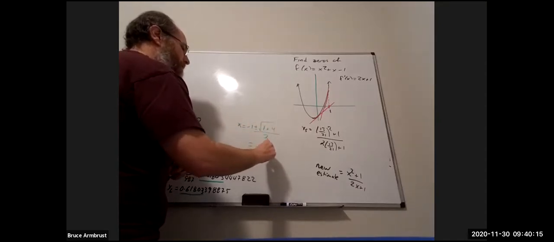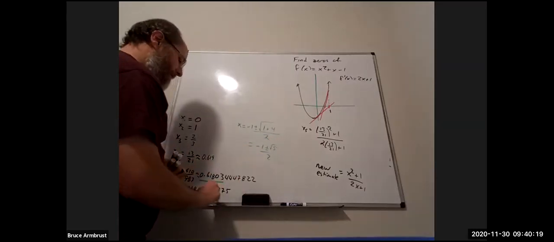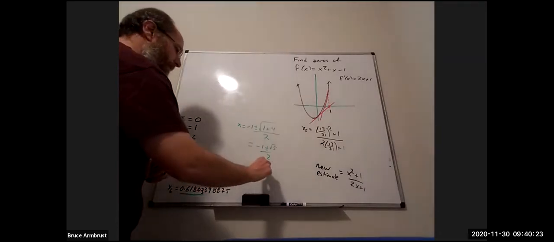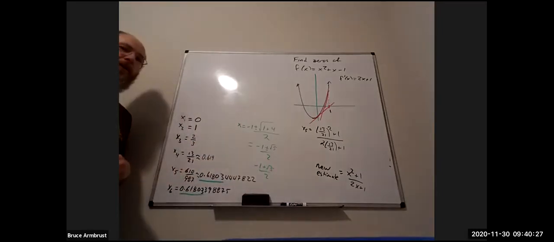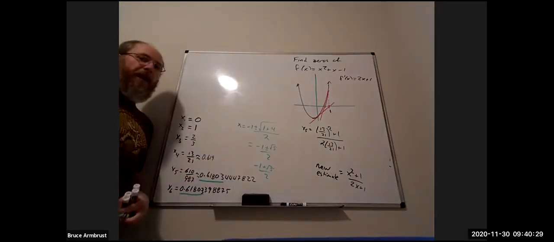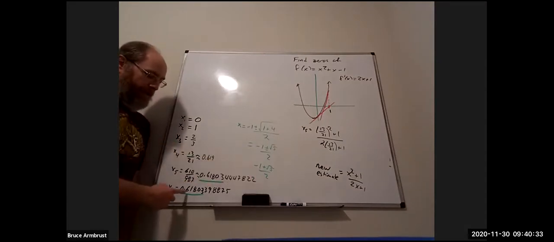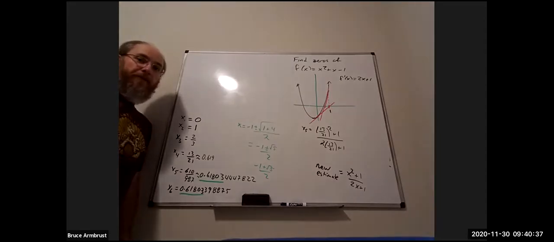So -1 plus or minus √5, over 2. Well, this number right here that we found is the decimal approximation for (-1 + √5)/2. Take your calculator, get the decimal approximation for that, and you'll see that it's 0.61803398875.